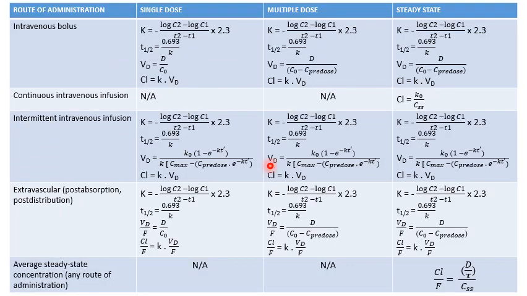Okay, more equations at which we can find different pharmacokinetic parameters according to the method of administration and according to the status of administration, whether single dose, multiple dose, or at a steady state. You can see that the pharmacokinetic parameters are different at each of these points.